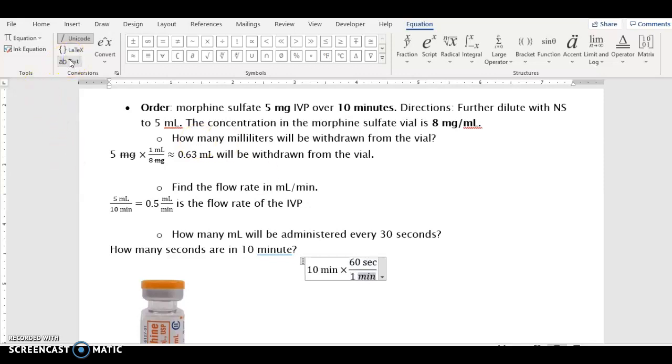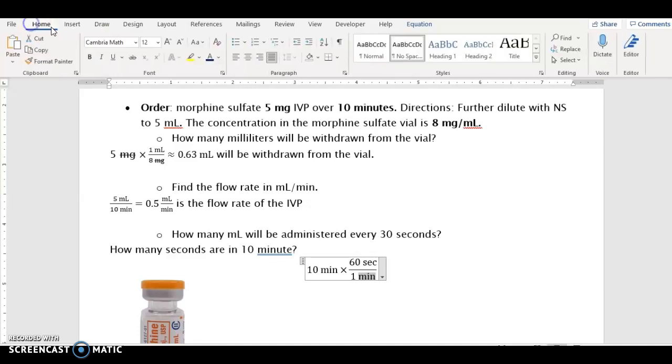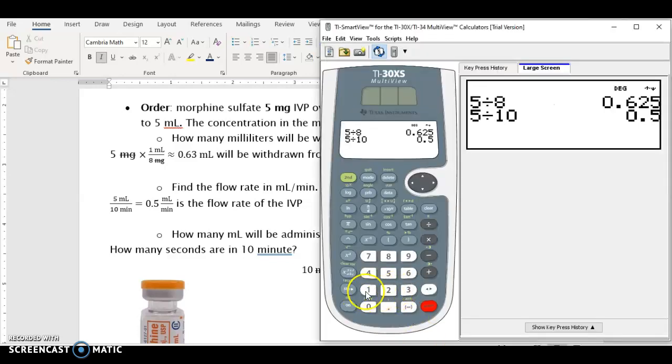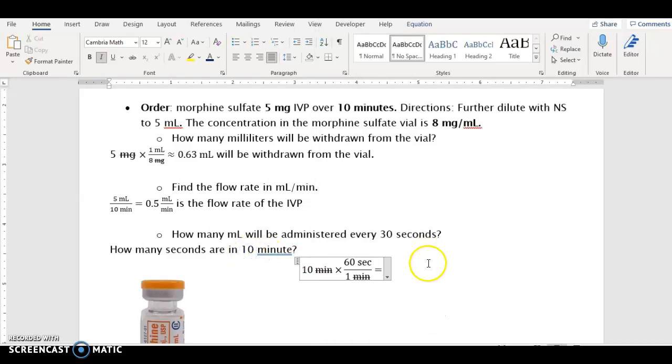So 60 seconds are in 1 minute. Using this approach, we see that in 10 minutes there are 10 times 60, or 600 seconds.